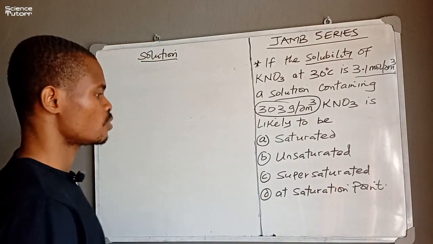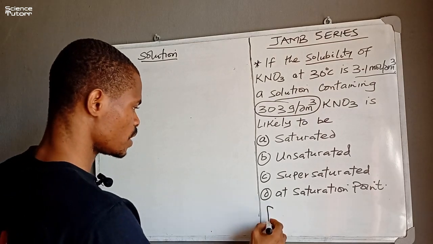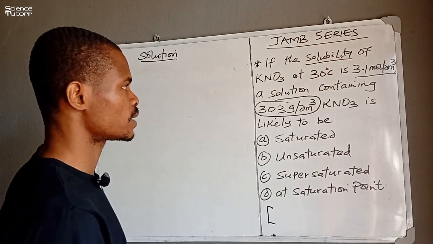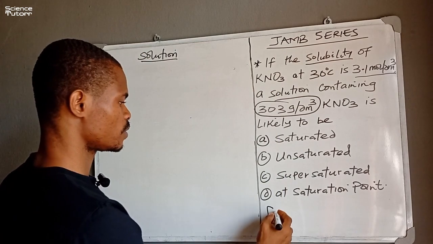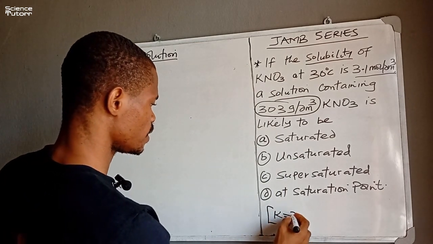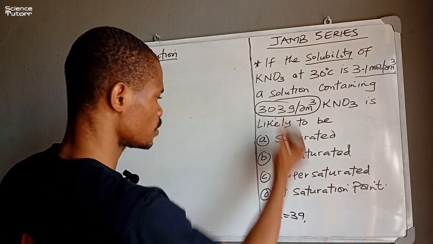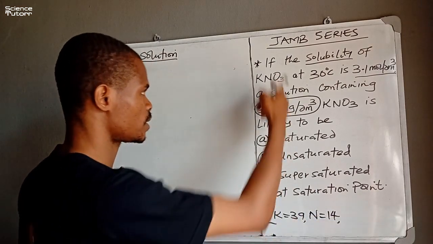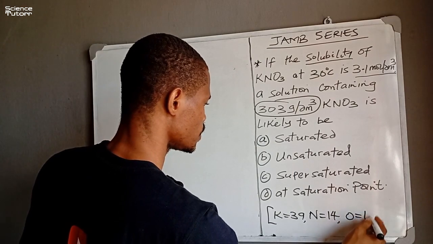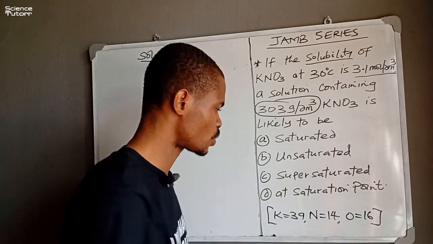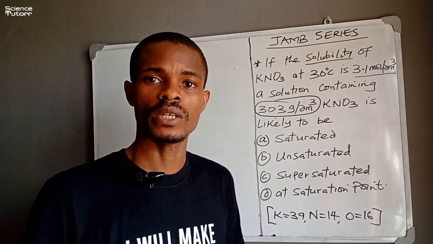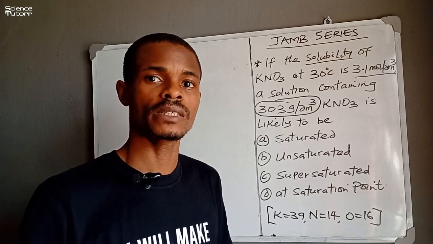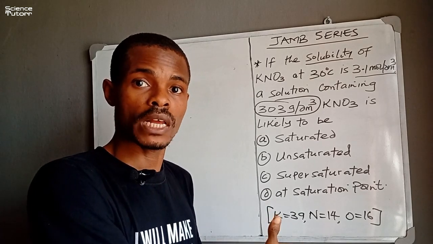First of all, we will always be given the relative atomic masses. In this case, potassium K is 39, nitrogen is 14, relative atomic mass. Oxygen is 16. Now, in a situation whereby it is not given to students in the exam, it is expected for students to be familiar with it.